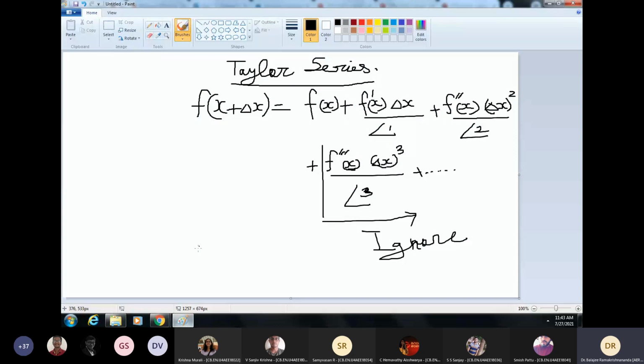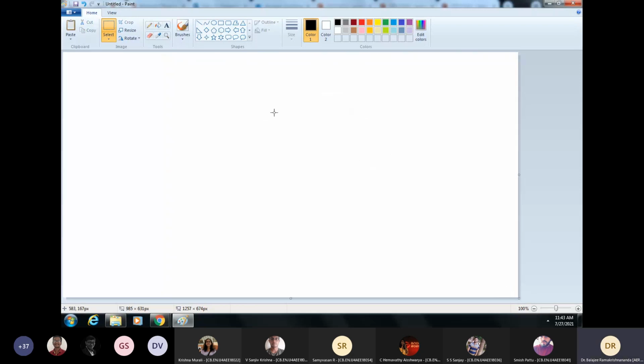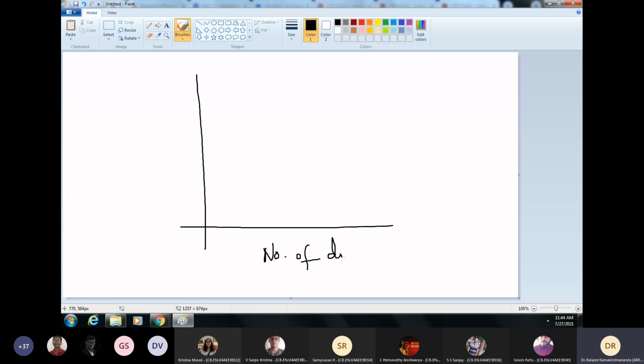So if we draw this, the curve will look like the drag curve you have seen. If you remember, just to draw an analogy, not the same, it is the number of divisions. So if you have more divisions, that means delta x will be smaller.